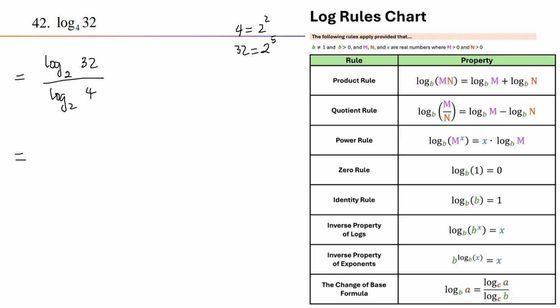Now rewrite log base 2 of 2 to the power of 5 over log base 2 of 2 to the power of 2. Now exponent, same base, so the answer will be 5 on the top, at the bottom is 2.